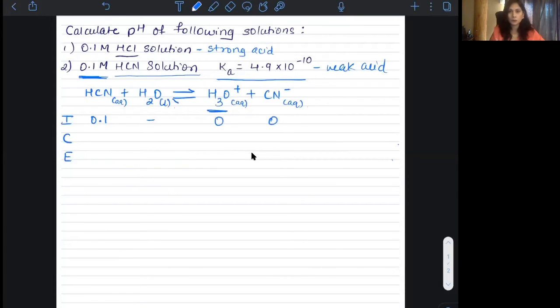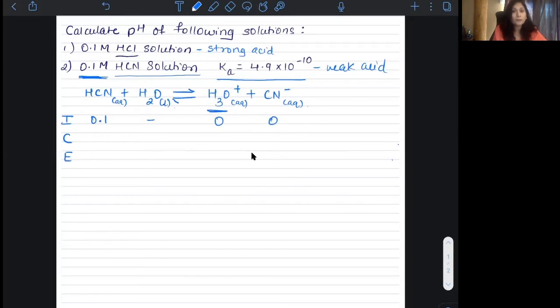Nothing has started dissociating. Now, as we start marching towards equilibrium, there is going to be a change. The change is going to be such that the concentrations of the reactants are going to go down, and the concentration of the products are going to start going up as the reactants are getting converted into products.